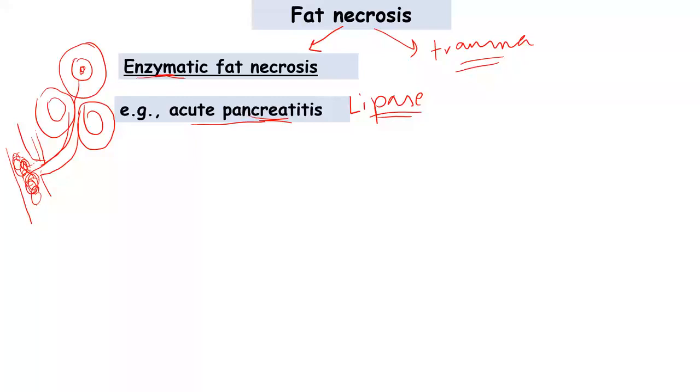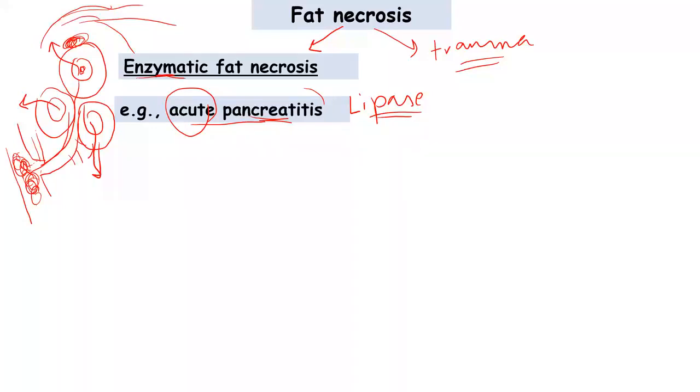In cases of damage of the acini, in acute pancreatitis, itis means inflammation, so I have damage of these acini and ducts, and then I have release of lipase outside the normal pathway. This lipase will go outside the acini to find fat inside the pancreas and around the pancreas, in the omentum, in the mesentery, and so on.